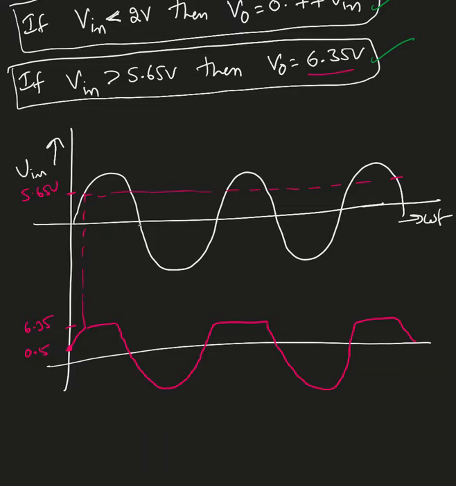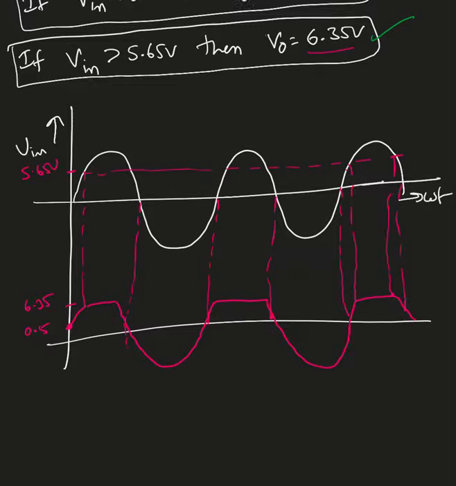Okay, so here this must be at 0.7. Okay. This must be 8.7. This must be right there. It's a good idea to draw this dotted line so you can see exactly where it is clipped.